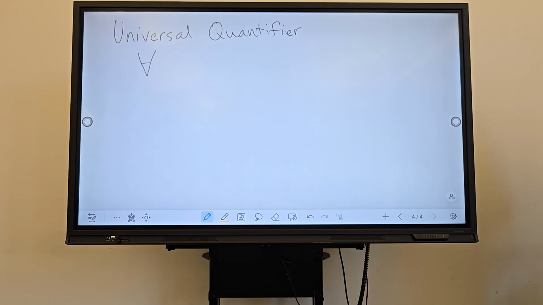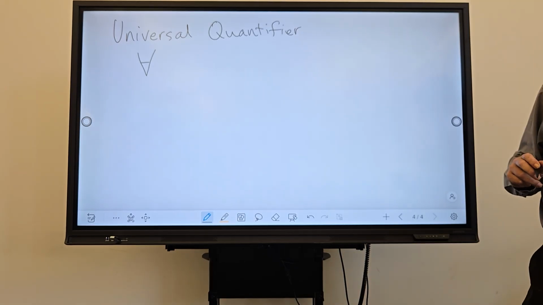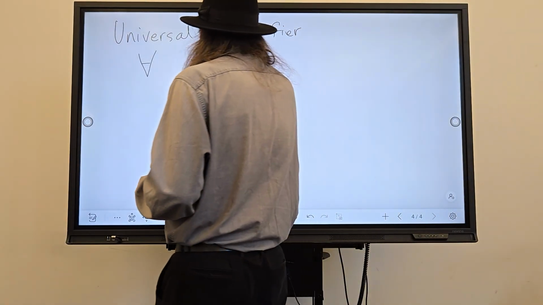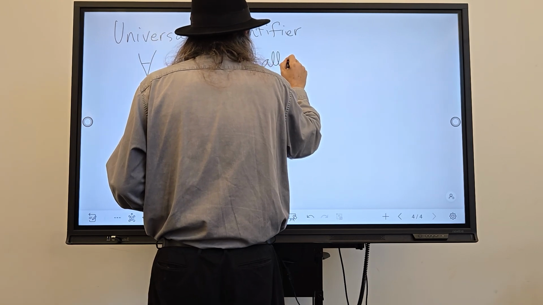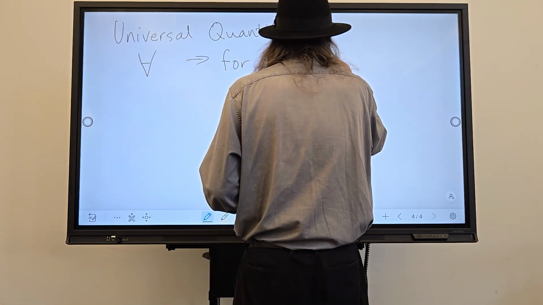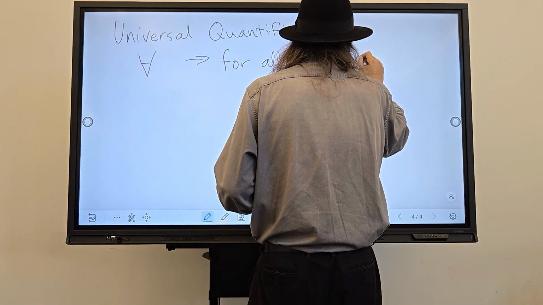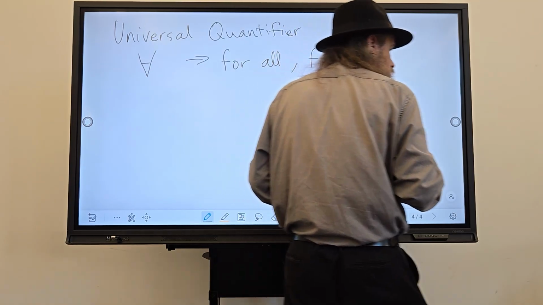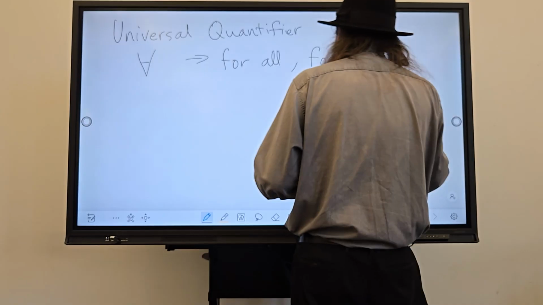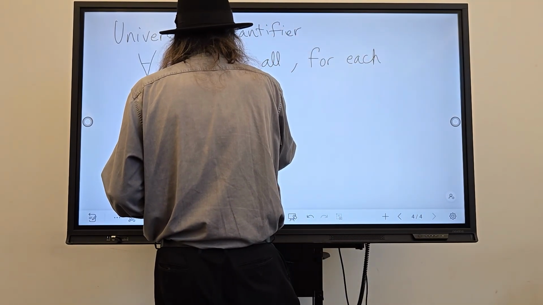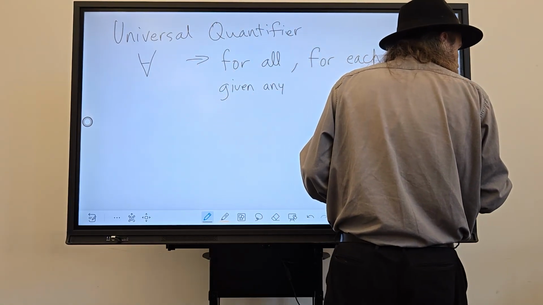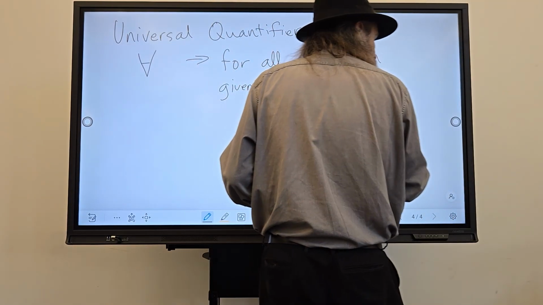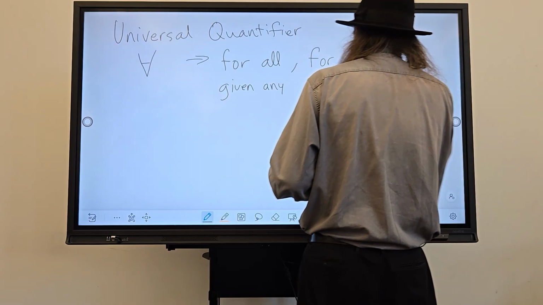The inverted A is the universal quantifier, and it is read as for all, for each, given any, and or for every.